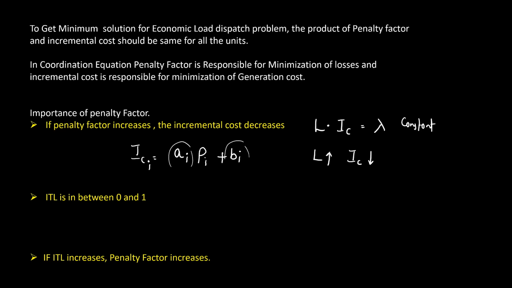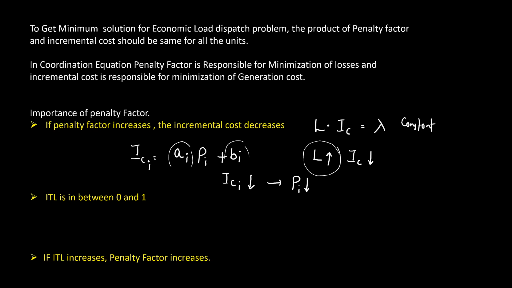So as incremental cost decreases, the generation of the particular unit will decrease. So the greater the penalty factor of that unit, the lesser will be the generation of that unit. Understand? This is one point.